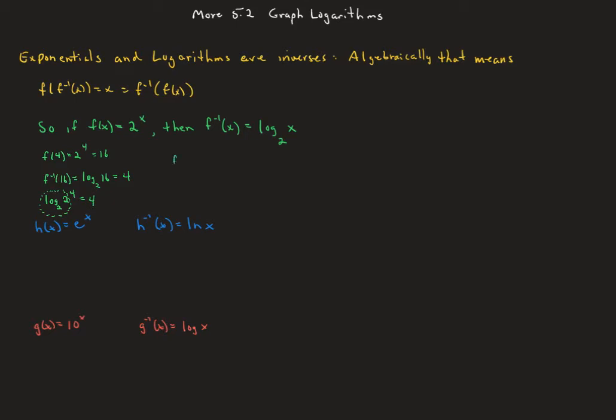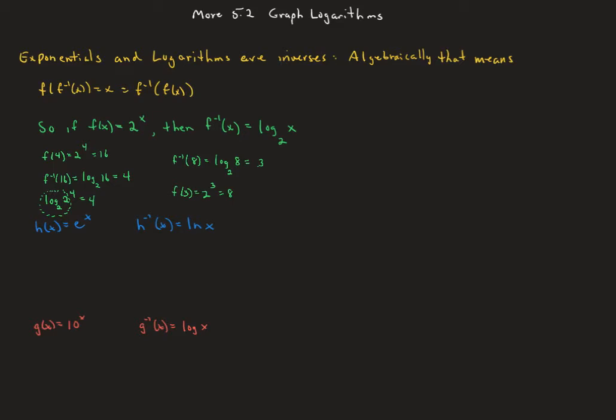Likewise, if we took f inverse of 8, that would be the logarithm base 2 of 8. And I don't know if you can recognize it, 2 to what power is 8 is going to be 3. We could also say that f of 3 is 2 to the 3rd, which is 8.